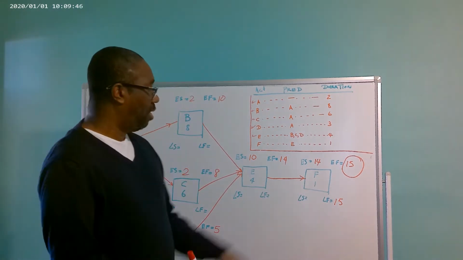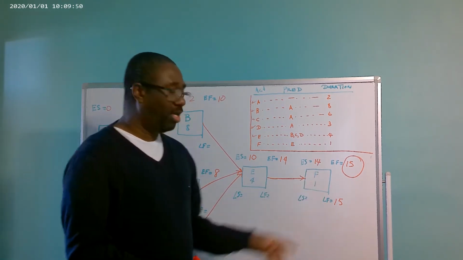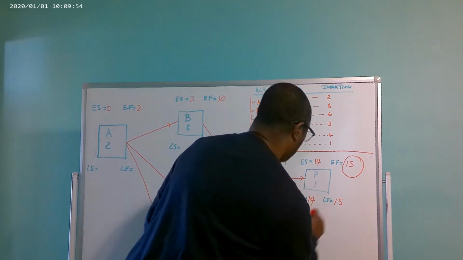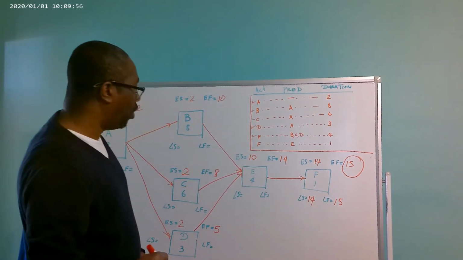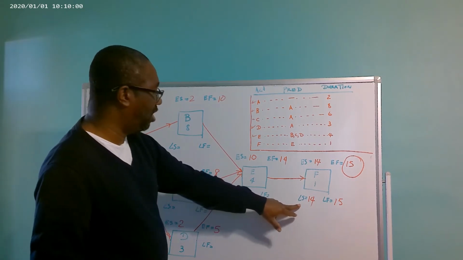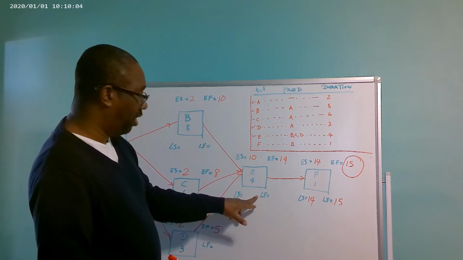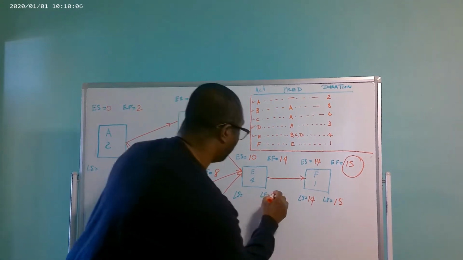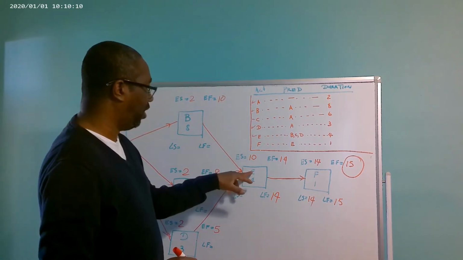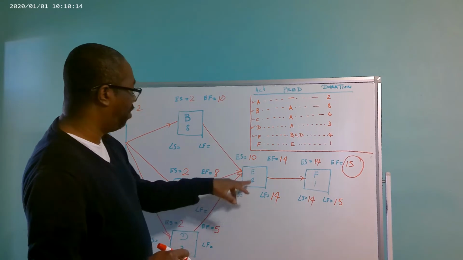So we have activity F, which has a duration of 1 day, so we're going to subtract 1 from 15, which is 14. Right? Now, the late start for activity F is going to be the late finish for activity E. So this 14 is going to come right here for the late finish for activity E. Right? Activity E now has a duration of 4 days.